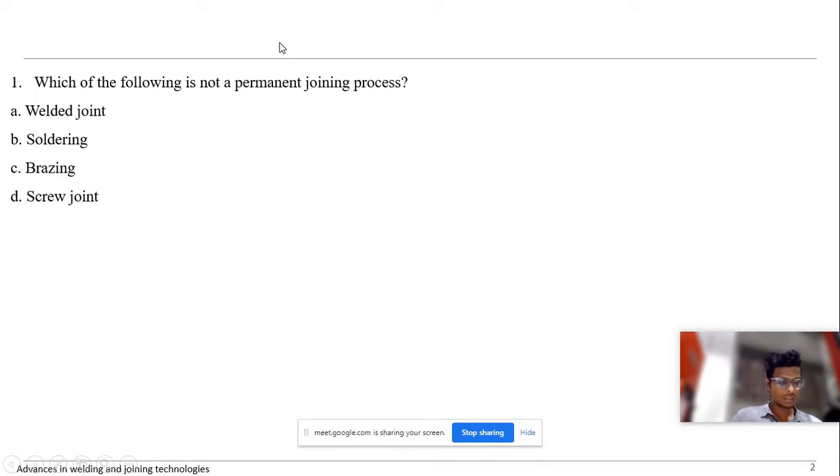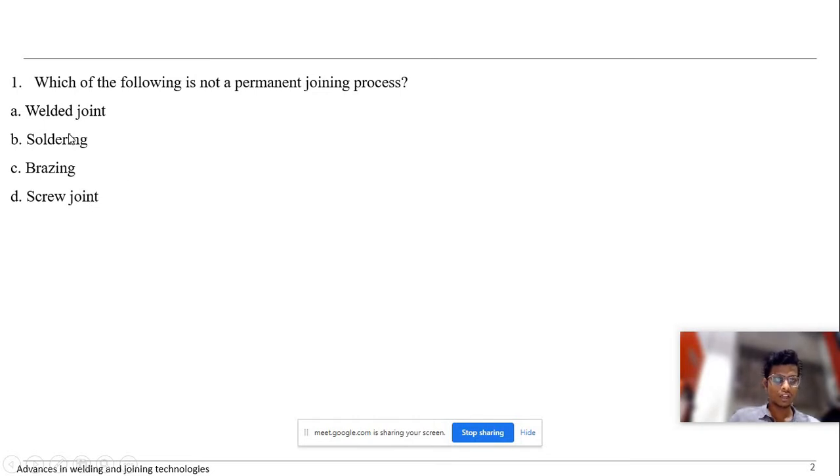Okay, fine. Soldering. Okay, someone has checked soldering. No, actually, strength in soldering will be less compared to fusion welding or other welding processes, but here they asked about permanent joints. If you see bolted joints or screw joints, we can remove those joints, so they are not permanent.